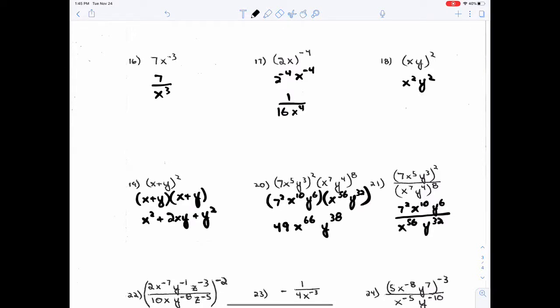Now, the 7 squared is going to stay on top. And again, I'll subtract the larger exponent minus the smaller exponent and put it where the largest exponent is. So 56 minus 10 is 46, and that's going to go to the bottom. And 32 minus 6 is also going to go to the bottom.